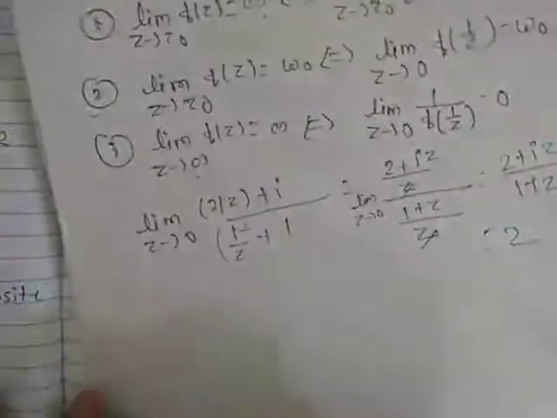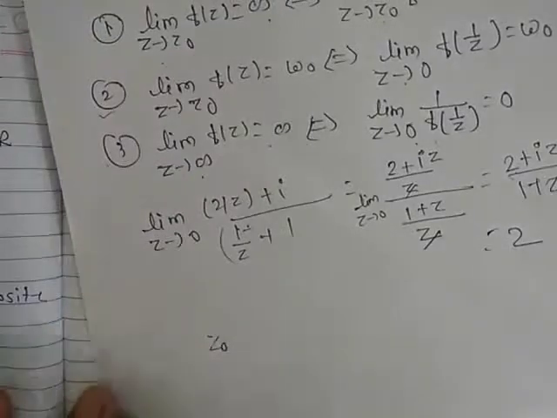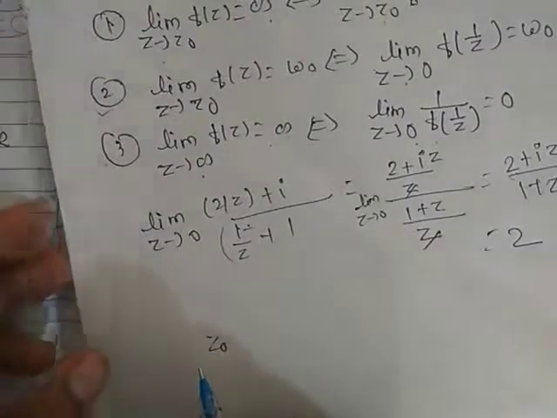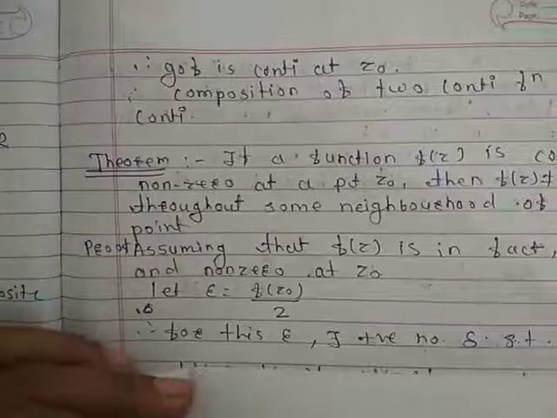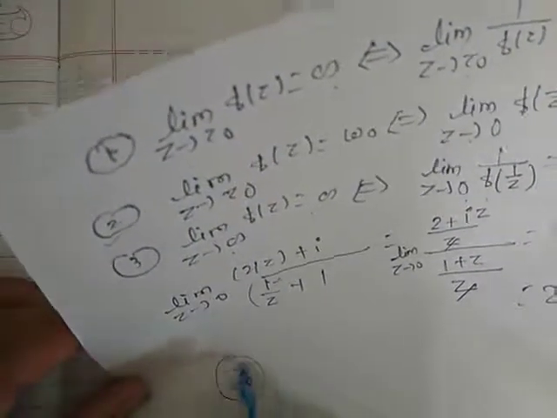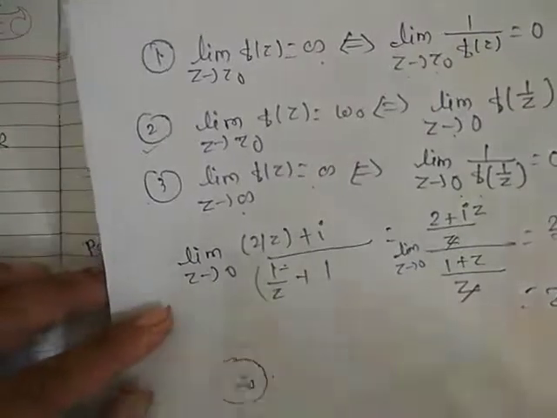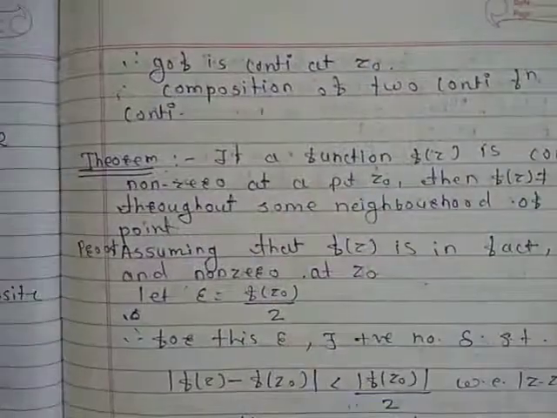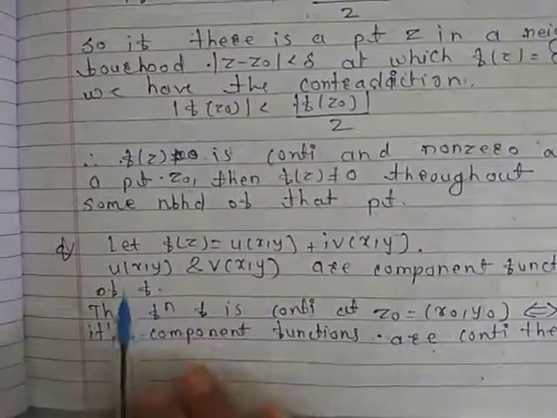If your f is continuous at point z0, then f of z is not equals to 0 throughout some neighborhood of this z0. Okay, we will not discuss proof of this theorem.